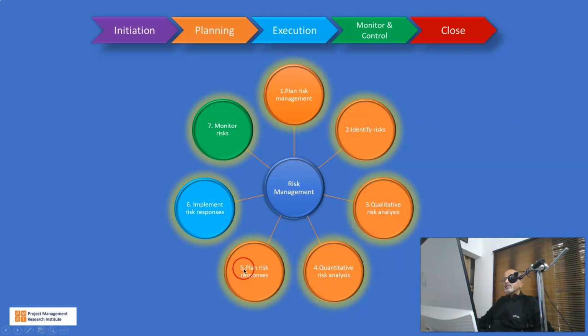Then during execution time, we implement those risk responses and continuously monitor the effectiveness of the response action and the contingency action. The response actions are primarily to reduce the probabilities and impact, whereas the contingency actions are about what you do when the risk is happening.